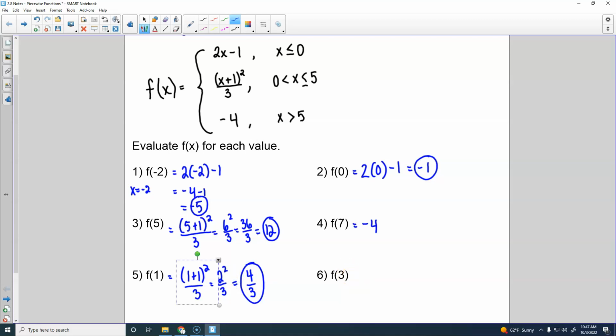And then, Lily, which one would I pick for F of 3? Middle one. So 3 plus 1 squared over 3 gives me 4 squared over 3, 16 thirds. So we'll just leave it like that.